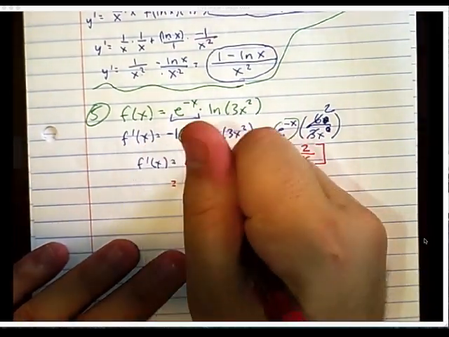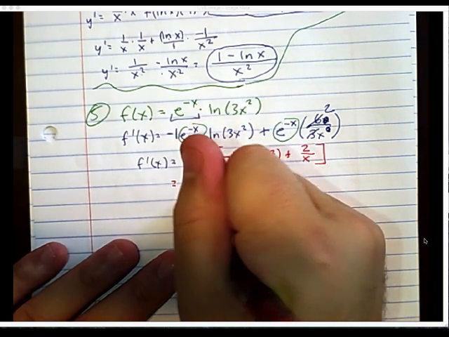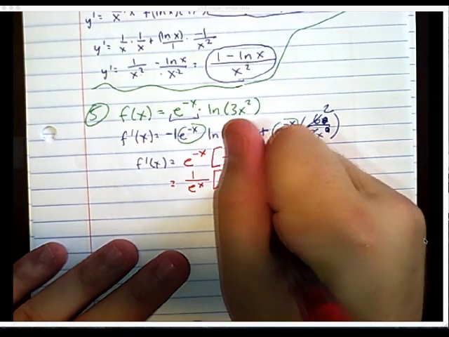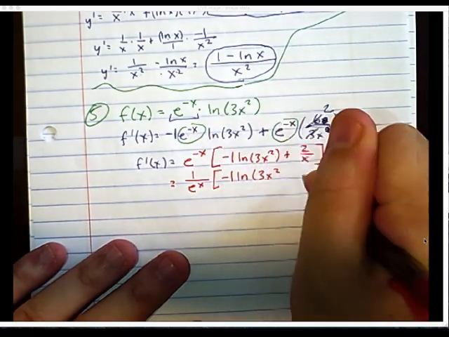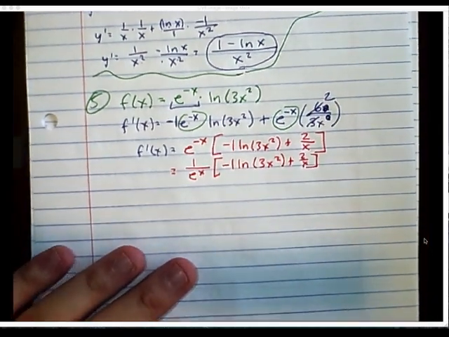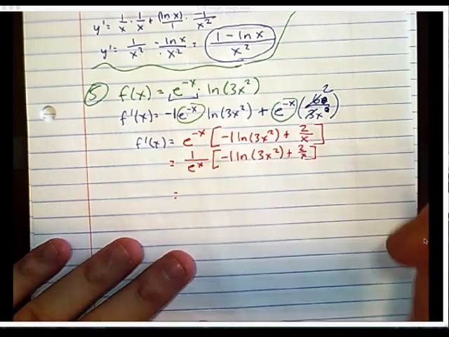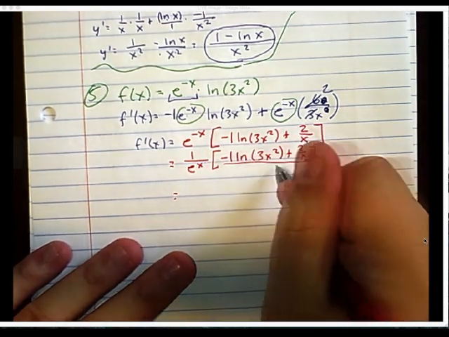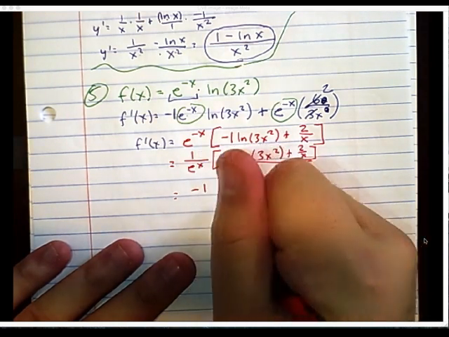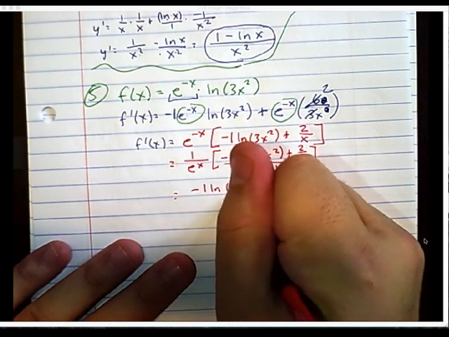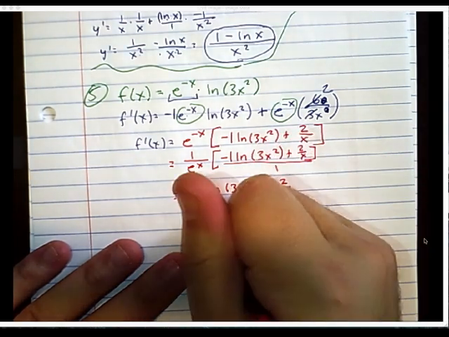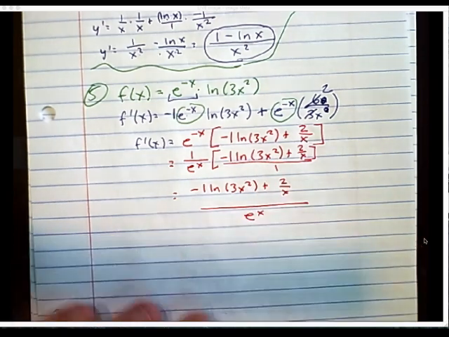Or you could even write e to the negative x as 1 over e to the positive x. So you could write it like that. Or this is really over and understood 1. So I could write it as negative 1 ln of 3x squared plus 2 over x all over e to the x.